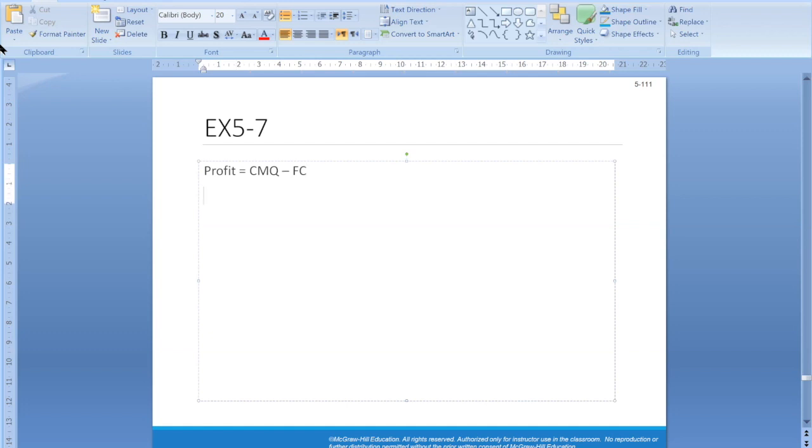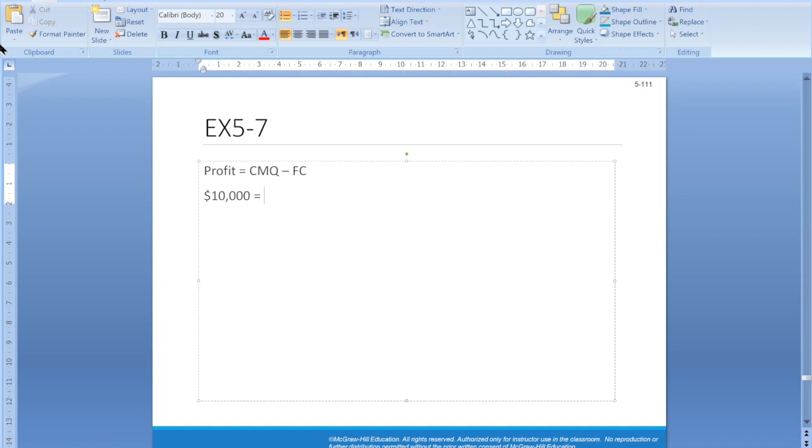Now, the profit needed is $10,000. So $10,000 equals... we need to calculate the contribution margin. Contribution margin is the difference between the price and the variable cost.